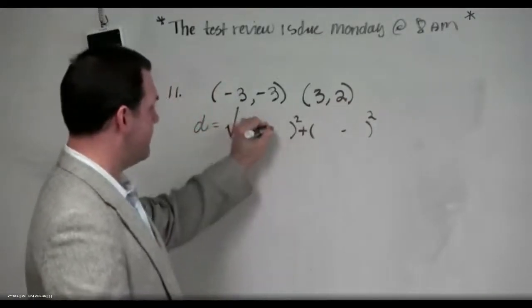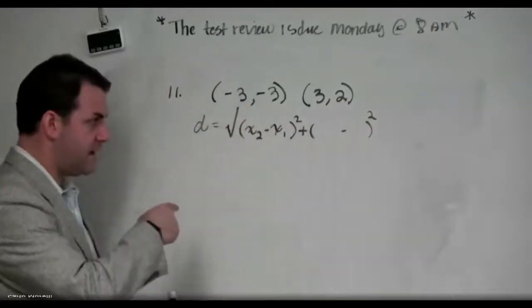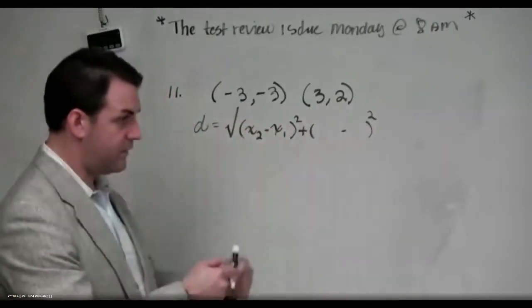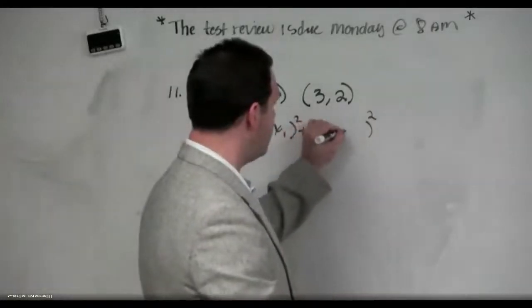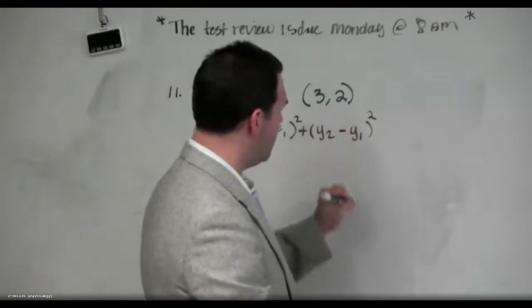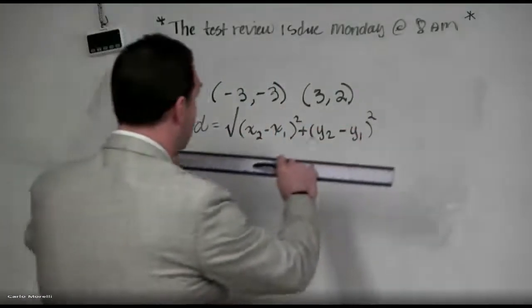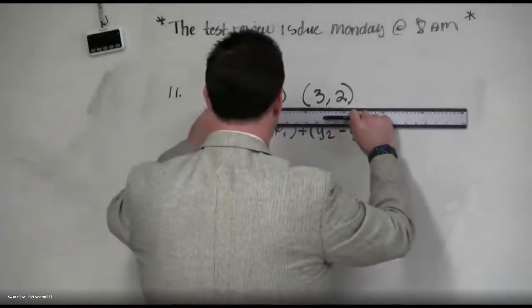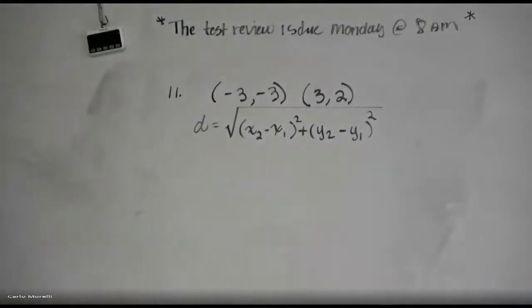So it looks like square root, open parentheses, x2 minus x1, close parentheses, squared, plus, open parentheses, y2 minus y1, close parentheses, squared. And then use your straight edge to draw a large radical sign bar above it.